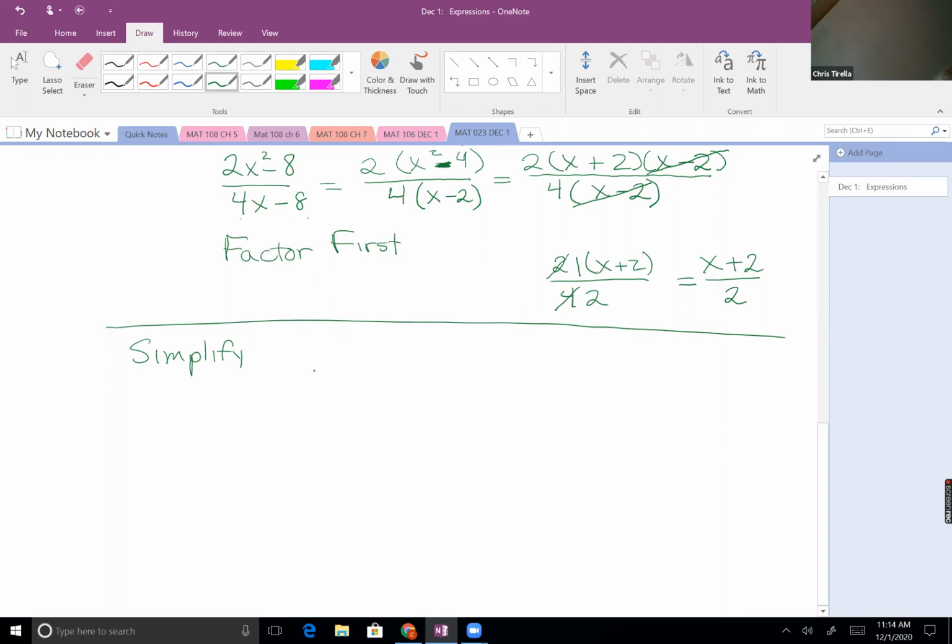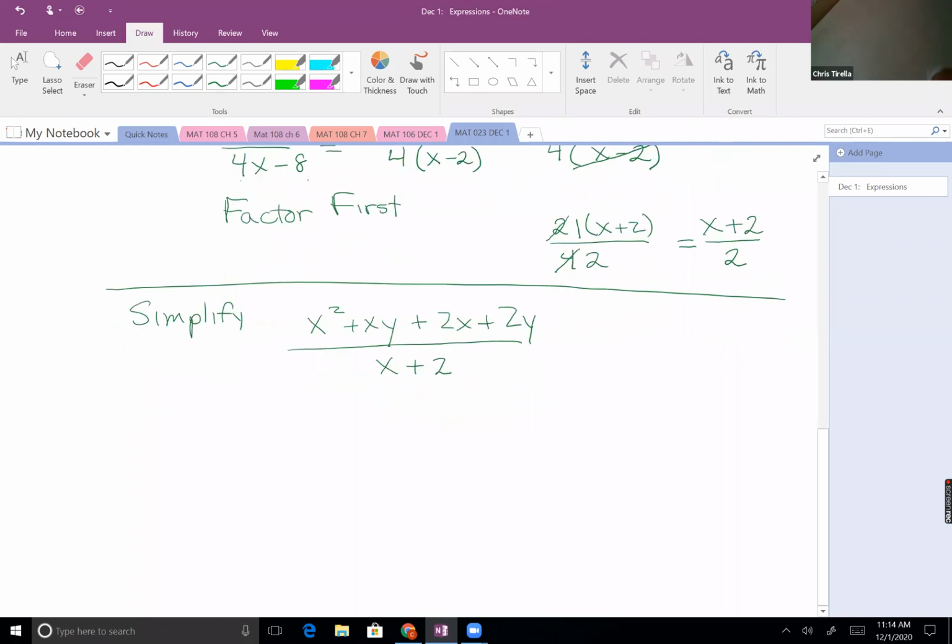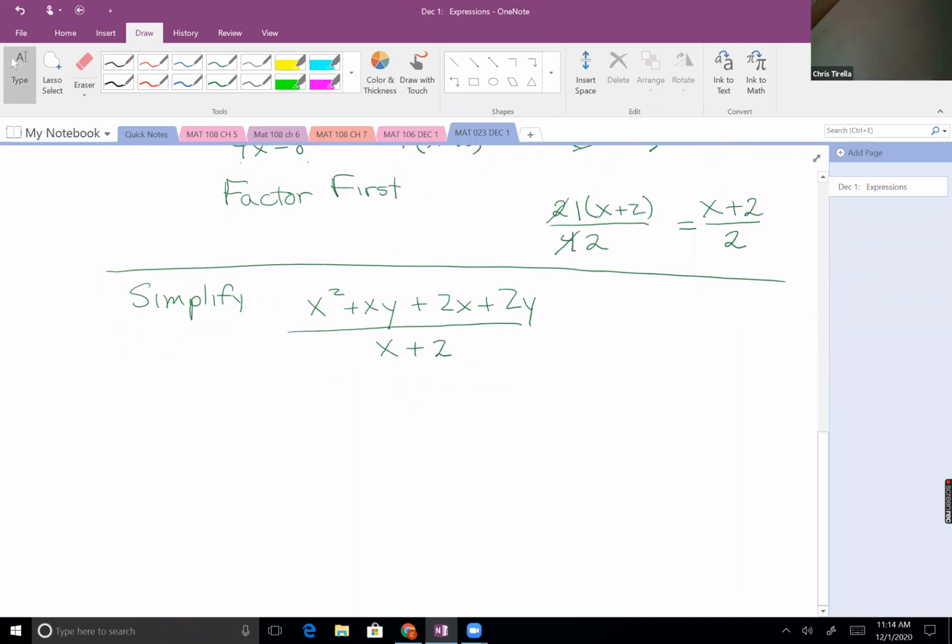Let's look at x squared plus xy plus 2x plus 2y over x plus 2. Again, in order to simplify, we have to factor first.